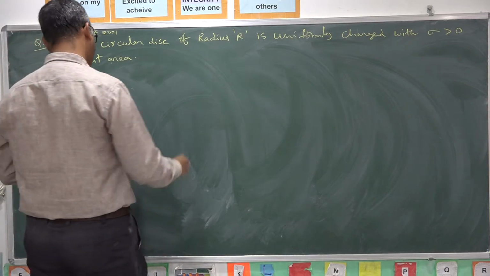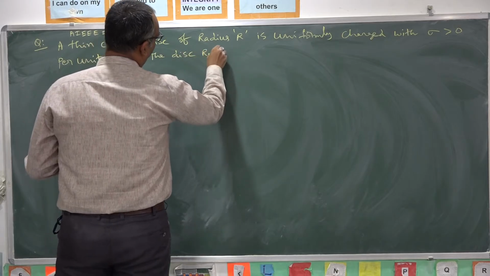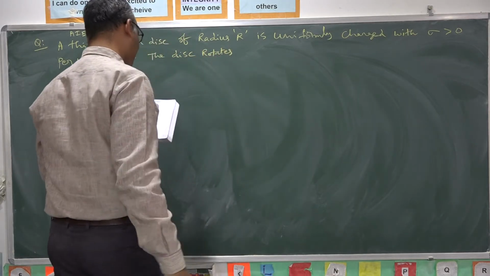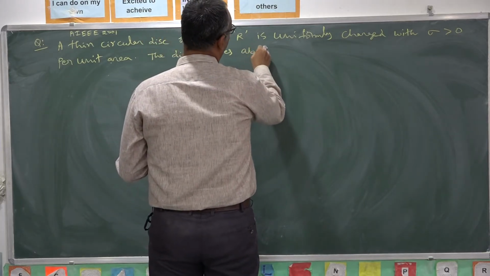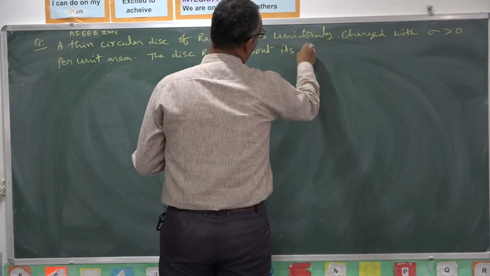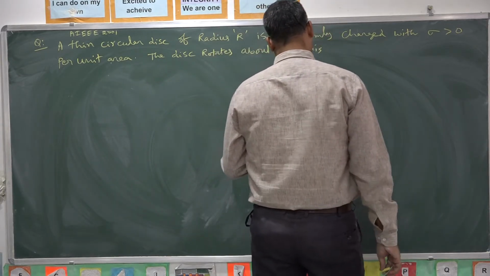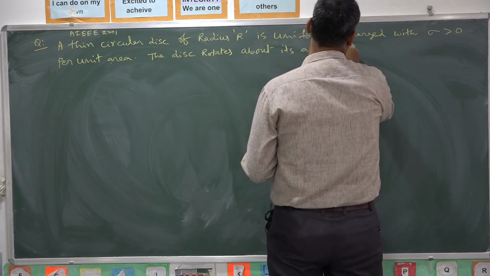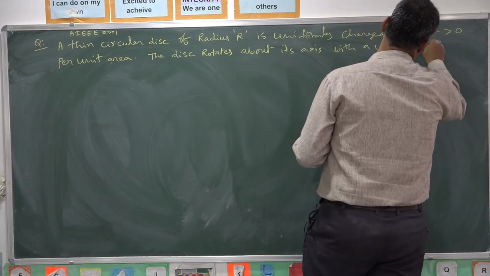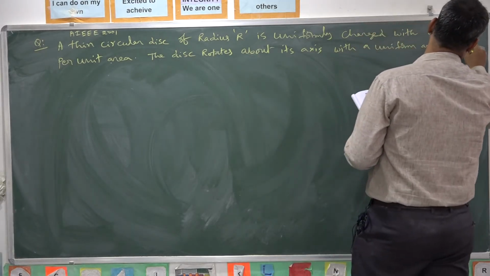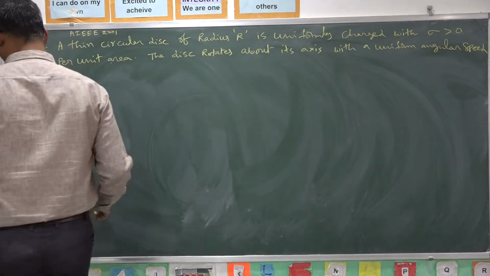The disc rotates about its axis with a uniform angular speed omega.